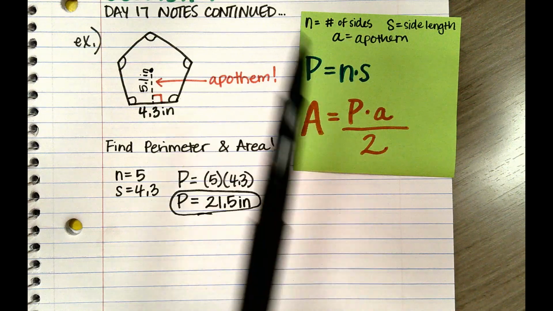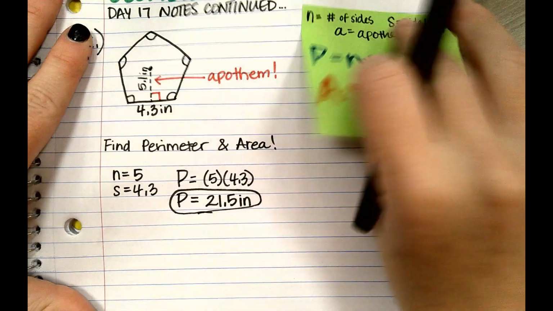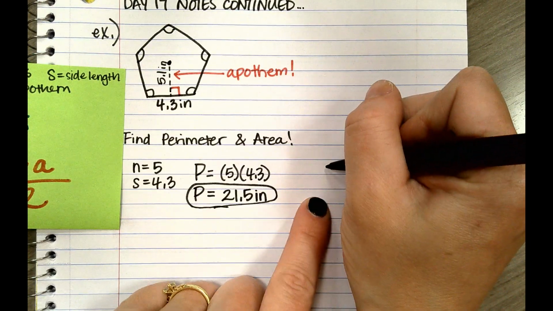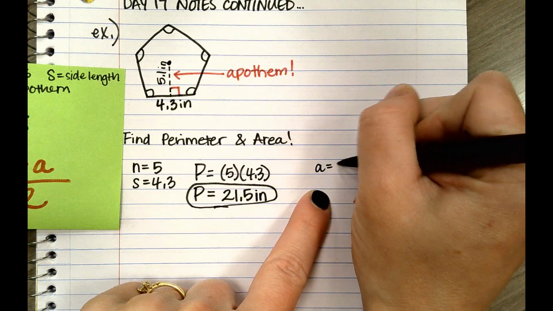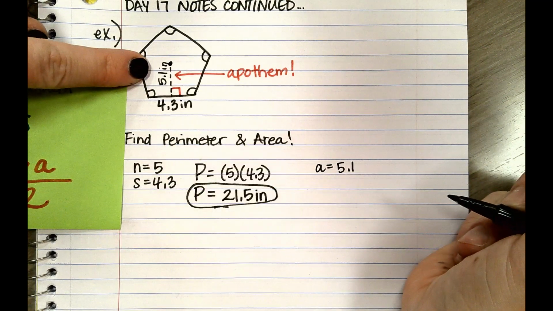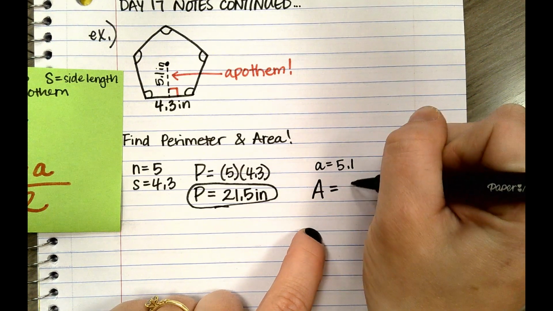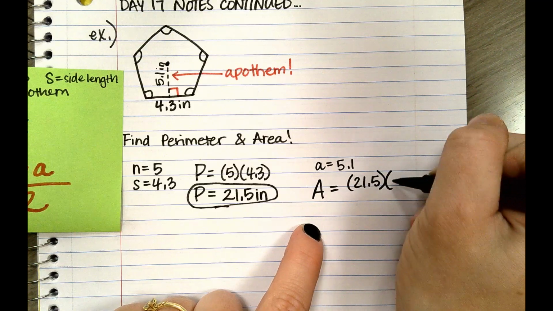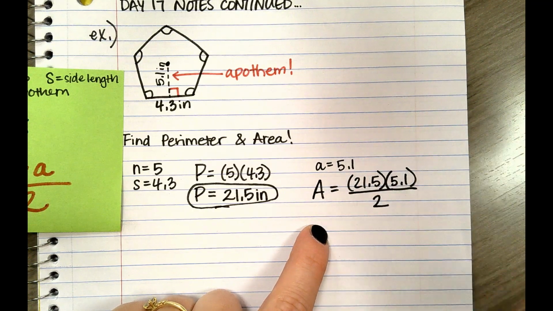Now with the area, the only new number we need is that apothem, 5.1. So we're using that formula here. Area, I know my perimeter now. Apothem is 5.1 because it's right here. So I will just plug that in. 21.5 times 5.1, and whatever that is, we divide it by 2.